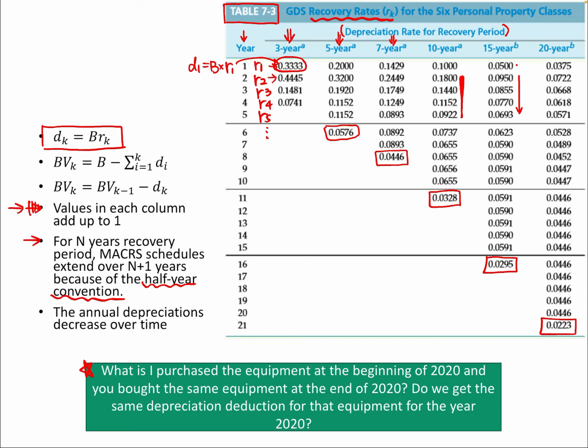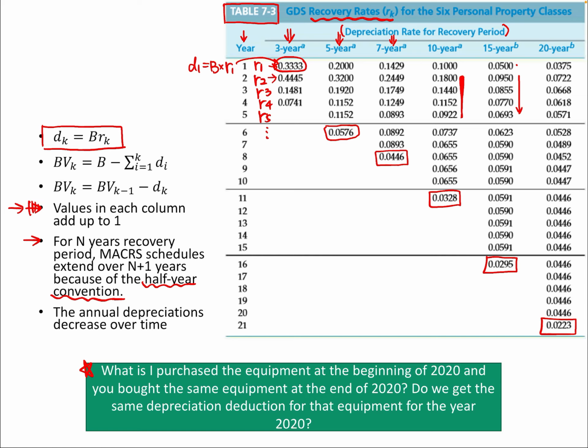But think about someone who bought it at the beginning of that year. Doesn't he lose another half of the depreciation deduction, right? Because actually he can depreciate the whole year value, but now he is required to only depreciate the half year value.